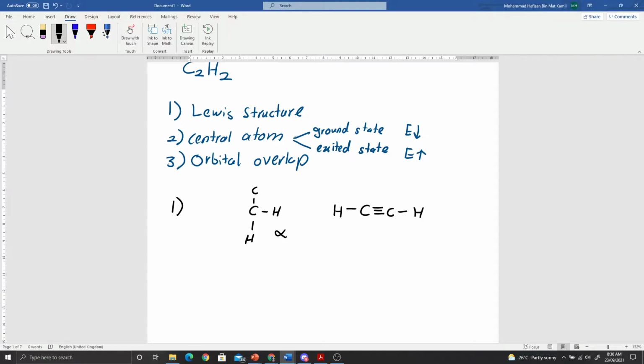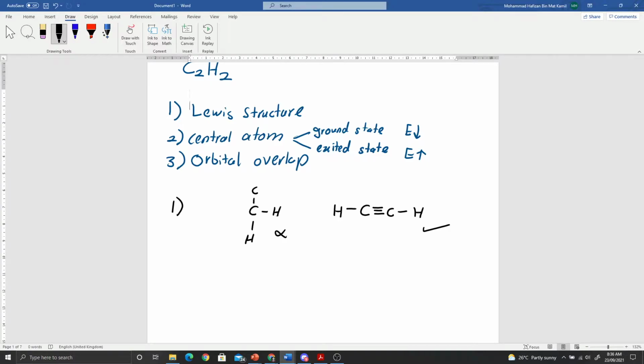Okay, how do we know which one is correct? Remember, we find its formal charge. So once you complete the Lewis structure, you calculate the formal charge. For the most stable, the formal charges must all be the lowest, if possible 0. Okay, so this is its Lewis structure.